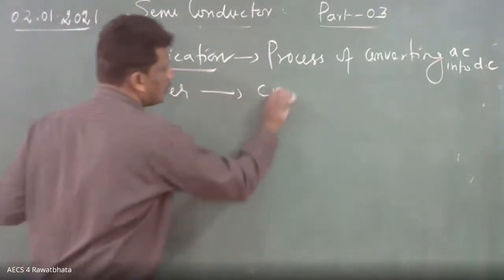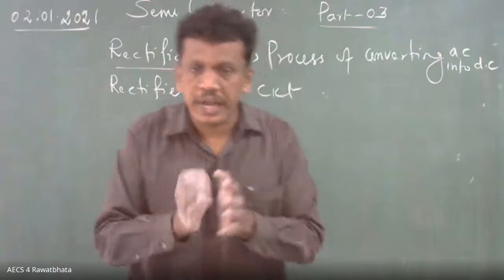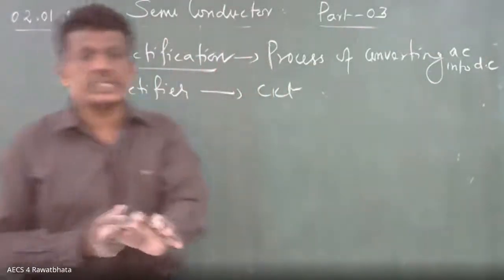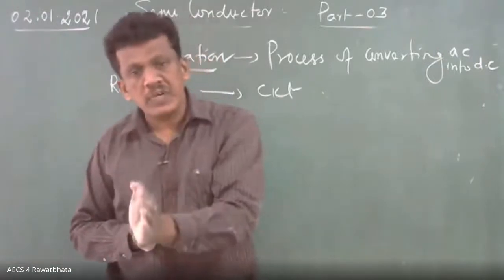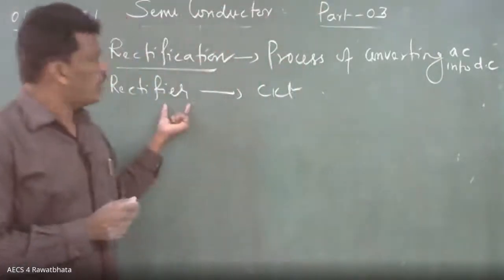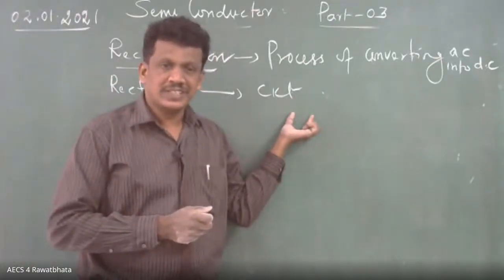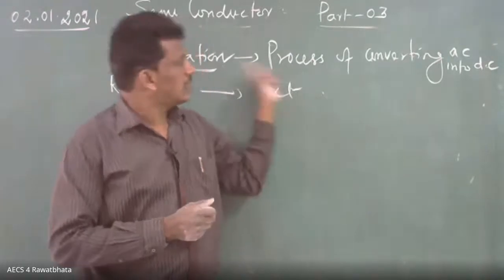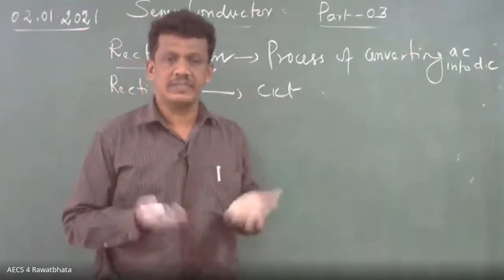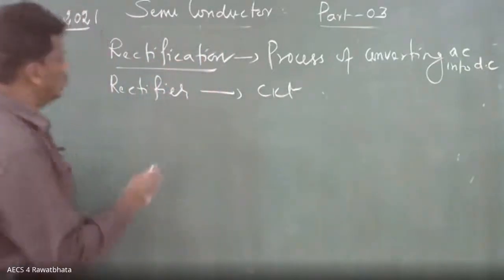Rectifier. The circuit is called a rectifier. I think the difference is clear. So what is rectification? The process of converting AC into DC. What is rectifier? The electronic circuit that does the rectification process. That's all. Circuit is the rectifier device, no? Circuit arrangement.